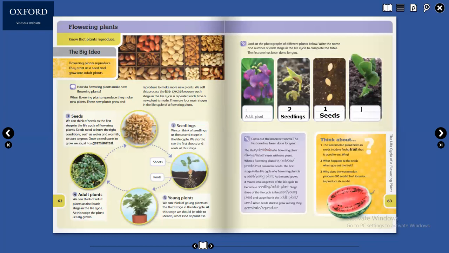Last one is number 3. Young plants. Umar Muhammad, you said young children. Young plant. This is the young plant. Okay. So these are four stages. Understood?